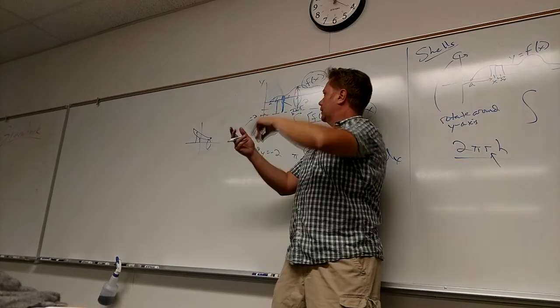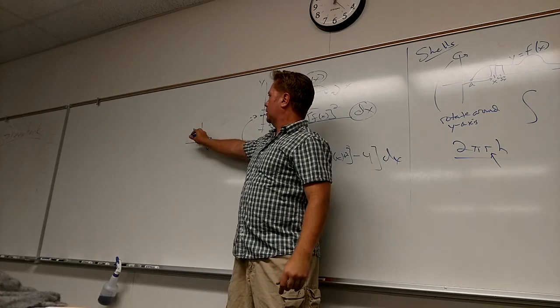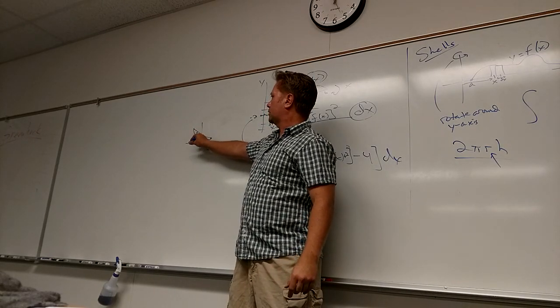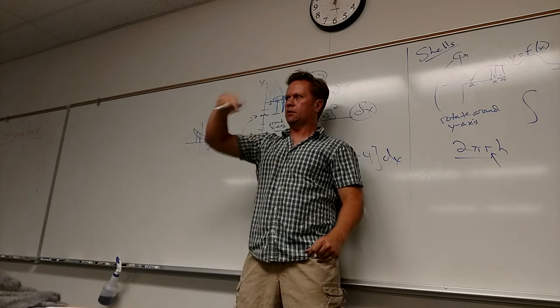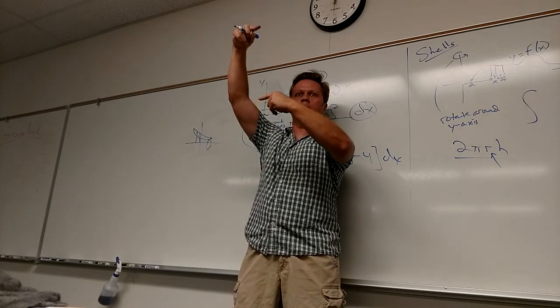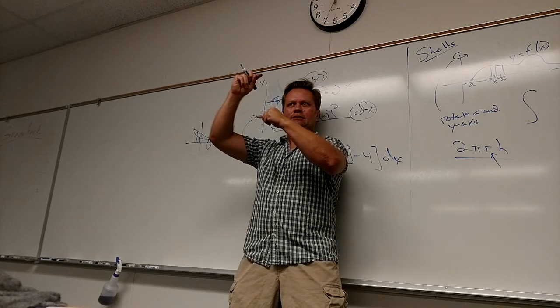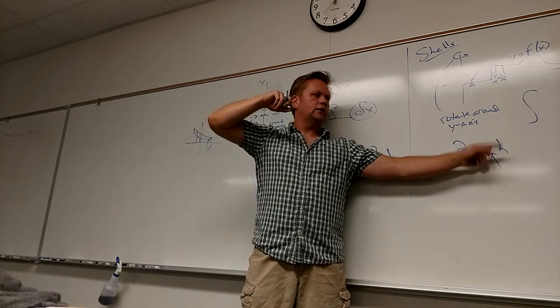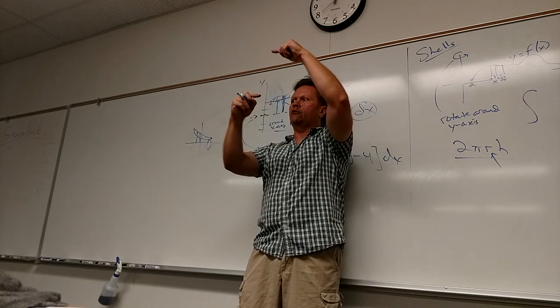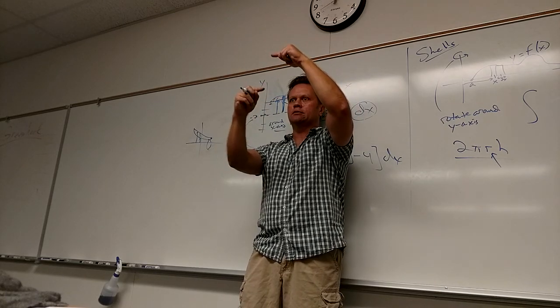If you had this problem, then the height of a rectangle would be f of x minus g of x. The top function minus the bottom, that's how tall that rectangle is. It makes too much sense to believe. So the height is just how tall a representative rectangle is.